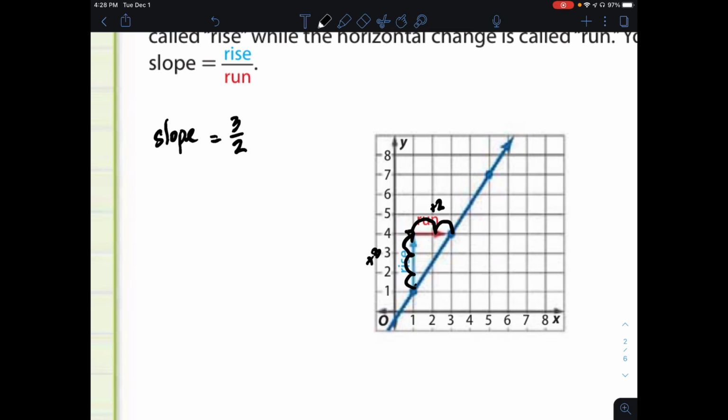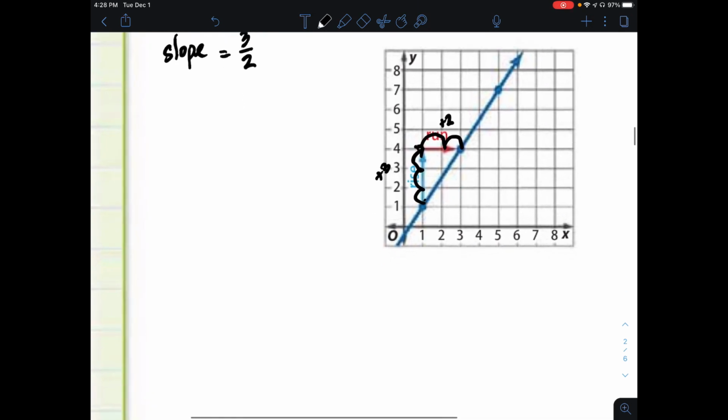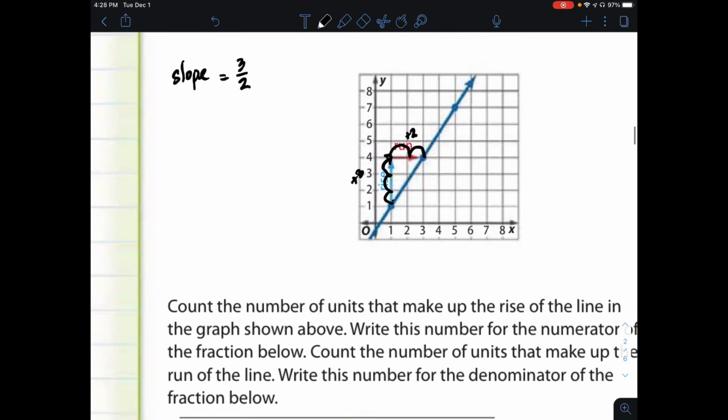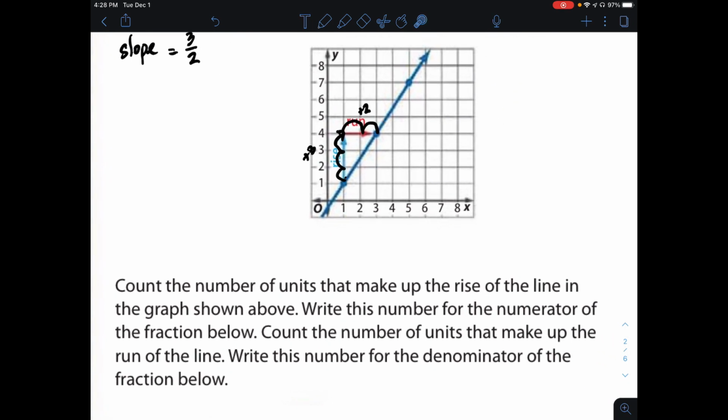So basically what I just did is that we counted the number of units that make up the rise of a line. That's what I did when I counted 1, 2, and 3 in the graph shown above. And then I counted the number of times it moved to the right, which is the run. So basically when you count the number of times it goes up, that will be your numerator, and the number of times it goes sideways or horizontal will be your denominator.